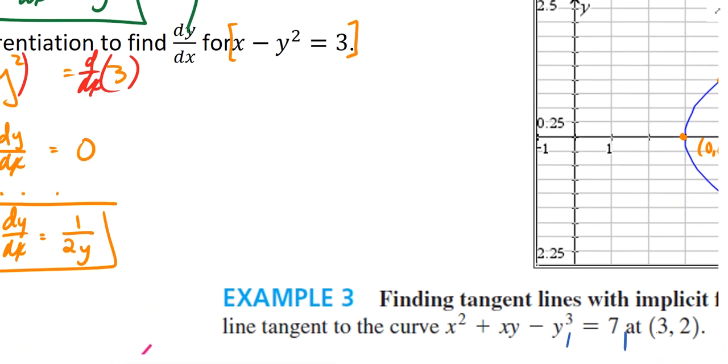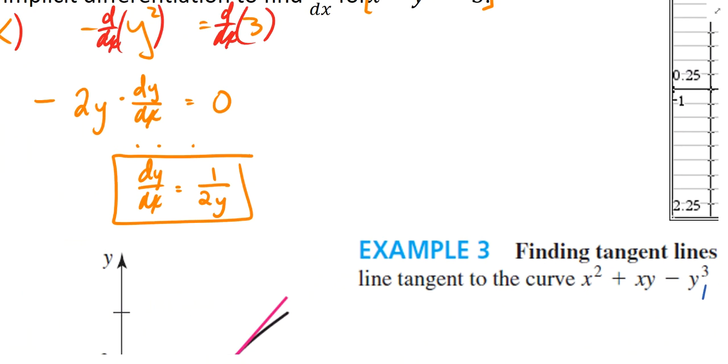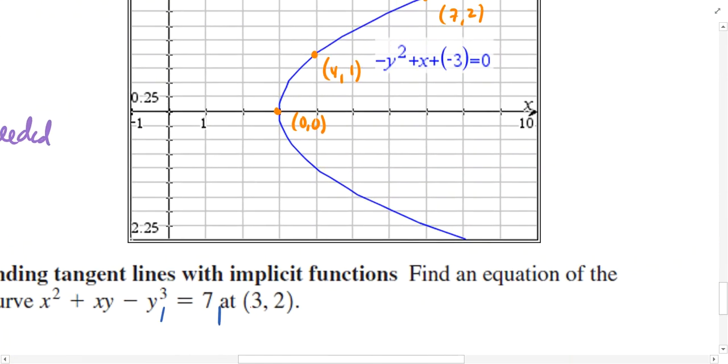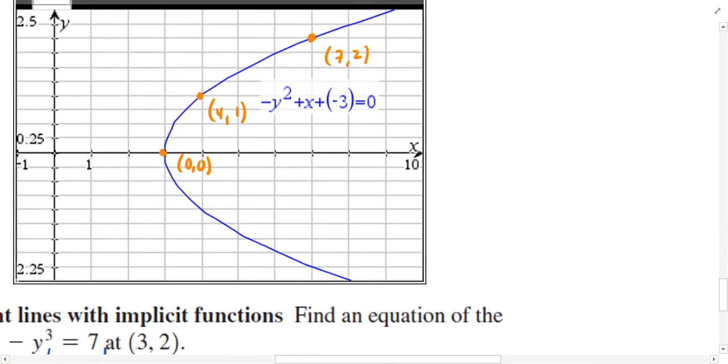Now, what's particularly interesting about this function is that we don't need an x value. No x value needed. And instead, the derivative is dependent only on the value for y. So if you'd like to, you can compute the derivative of each of these functions.